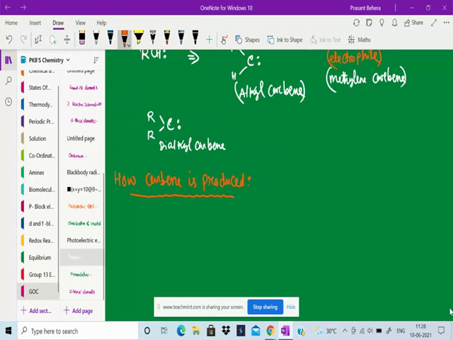First, when diazomethane is heated or undergoes photolysis, we get nitrogen gas.